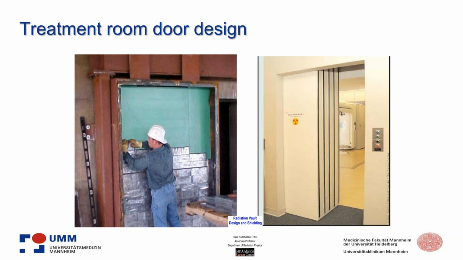The worker here is filling the door with lead, and you see this green part. This is a low density material for the neutron shielding. And on the right-hand side, there's also a very special construction. You see the treatment machine in the background, and this is a mazeless treatment room. I come back to this later on. The next one.